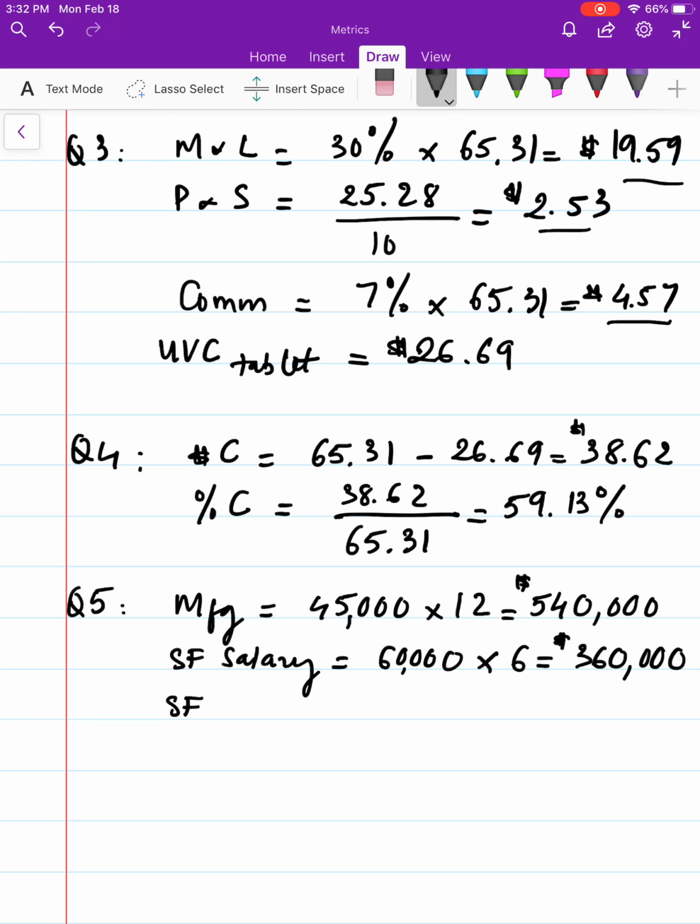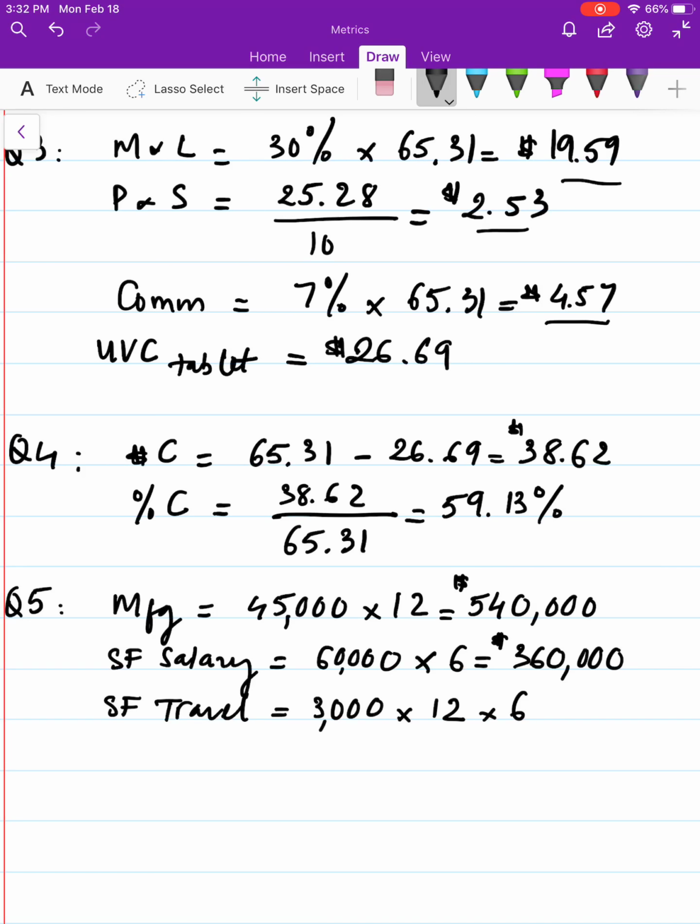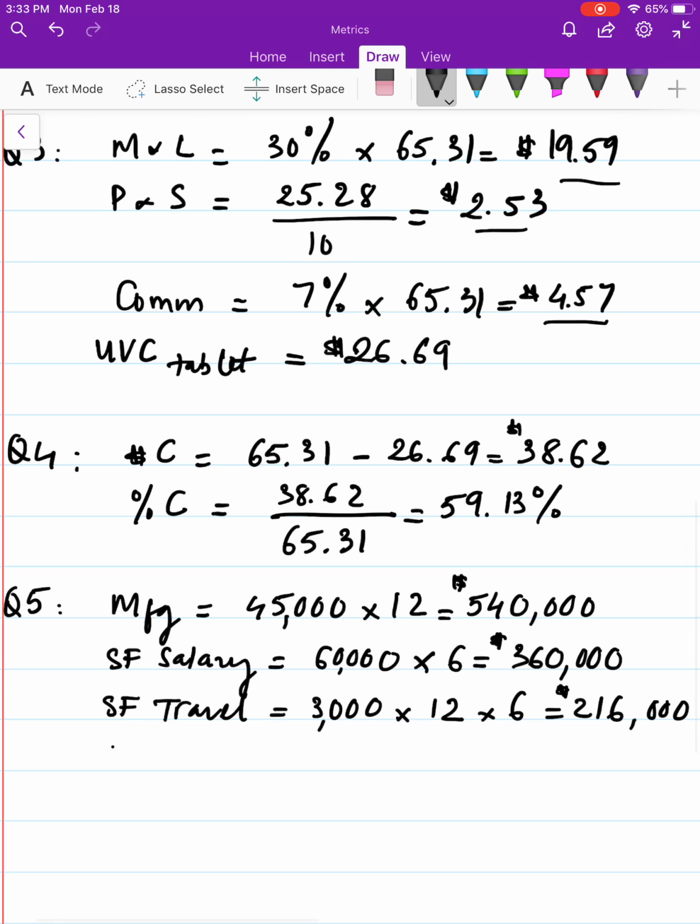Sales force travel is equal to $3,000 per month. We have 12 months, and we have 6 salespeople, and that equates to $216,000. Next, direct mail.